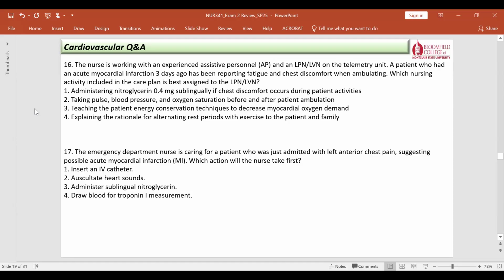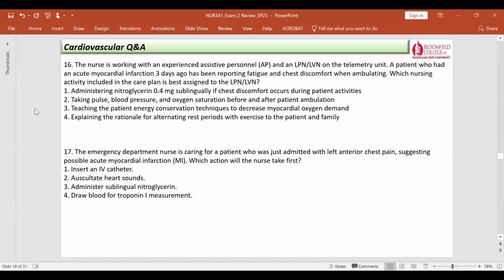Vital signs could be given to LPNs or your patient tech. But teaching is the responsibility of an RN. So the teaching and explaining, 3 and 4, are pretty much education. Right, perfect. So because of the teaching and assessment, you're in between 1 and 2, right? Yes. Perfect.